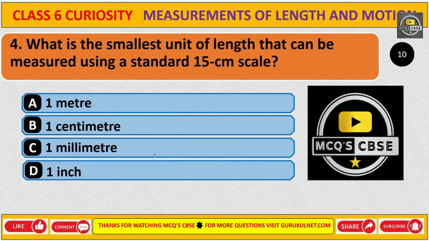What is the smallest unit of length that can be measured using a standard 15 centimeter scale? And the correct answer is C, 1 millimeter.